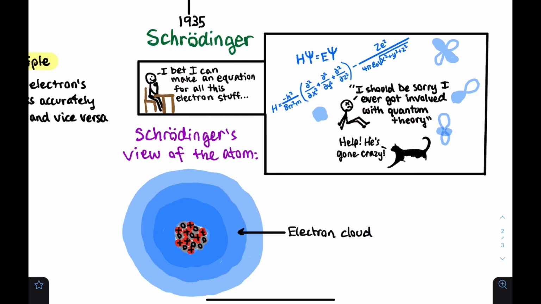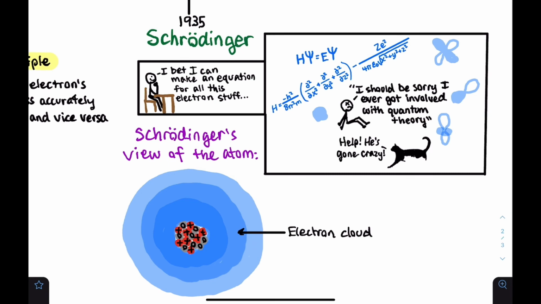Oh, and Schrödinger also had this weird thought experiment where he was like, okay, all of this crazy stuff with electrons could never translate to the real world, because if we have an electron that's going between 2 points, and it's in both of these points at the same time, and we rig up a system so that when the electron is in this position, then it will break a bottle of cyanide and kill this cat inside this box.